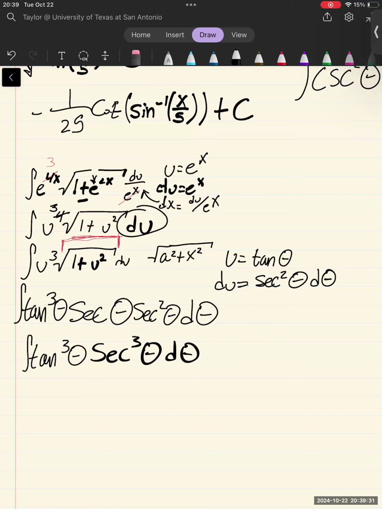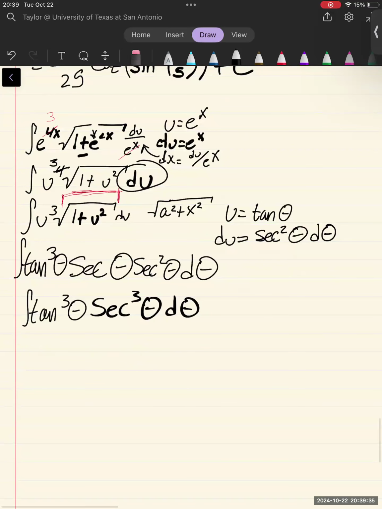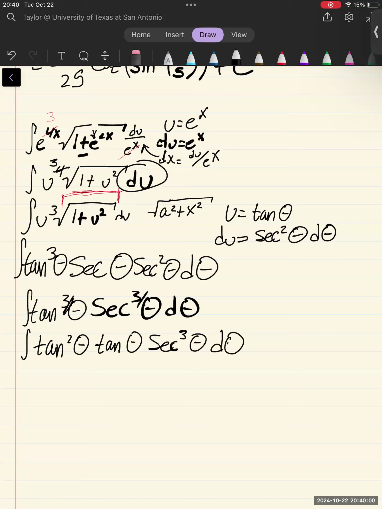So the next step here is I want to use tangent to cancel this secant. Right, okay, so you jumped ahead a little bit. So I've got here tan squared theta, tan theta, secant cubed theta d theta. And then what is this identity?